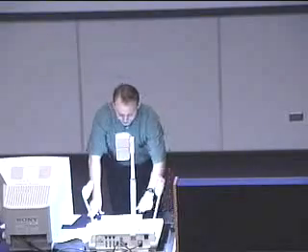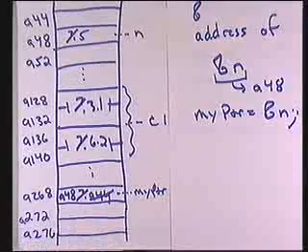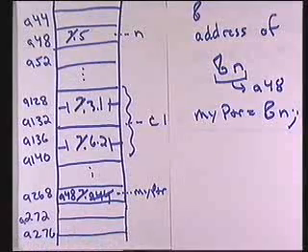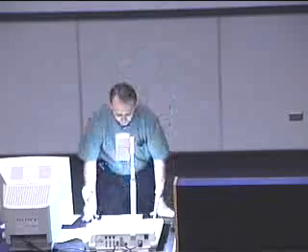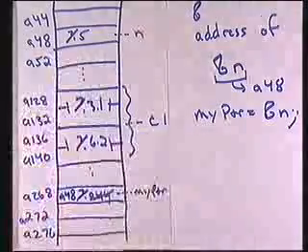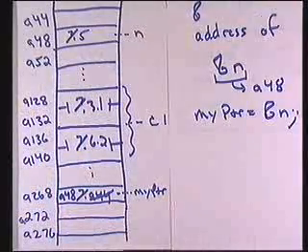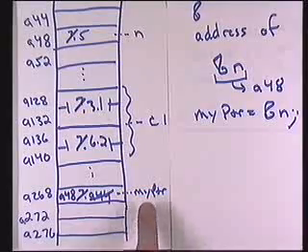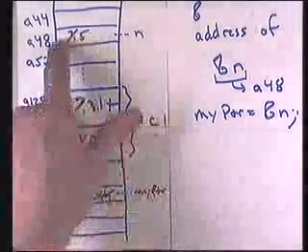Now, this doesn't seem like it does anything really spectacular at the moment. That will not come till we look at the dereference operator on the next slide. But the thing to take note of here now is that my pointer holds the address of n. So there's now a relation between these two variables. Or more specifically, there is a relation between the variable my pointer and this cell.